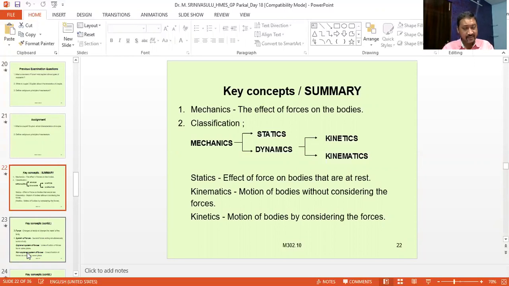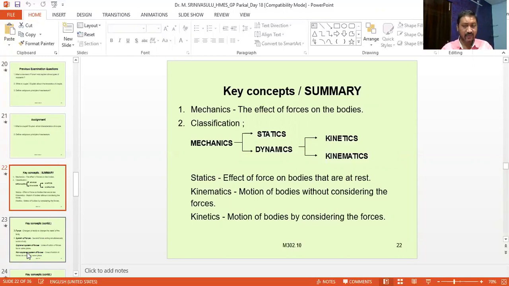Statics means the study of the forces and their effects on bodies which are at rest, or in the static condition. And dynamics is the study of the forces and their effects on bodies which are in motion.